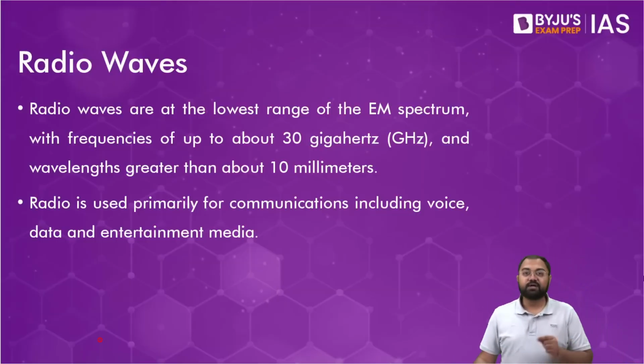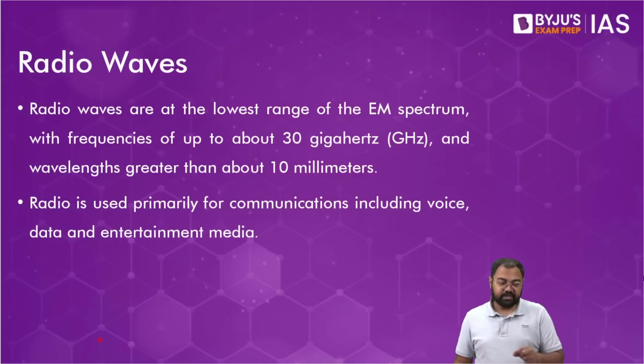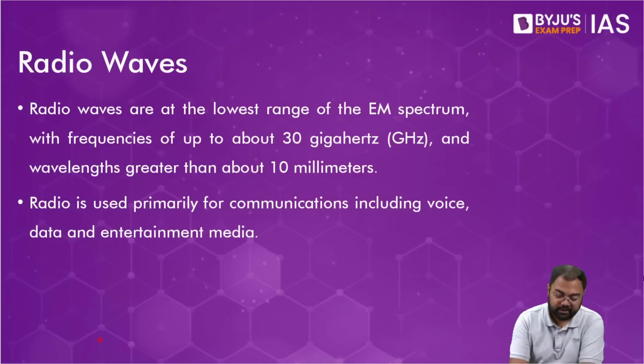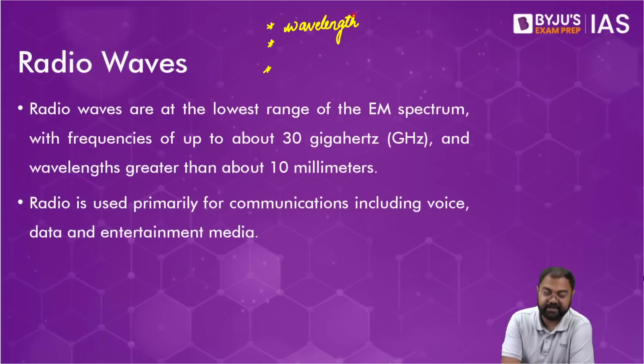Now, some questions have been asked in the past, but if at all they have to ask a question, there are three parameters that become important for any wave that you are reading about. First one, the wavelengths. The wavelength range of all these electromagnetic waves has many times been asked in the paper. Secondly, frequency.